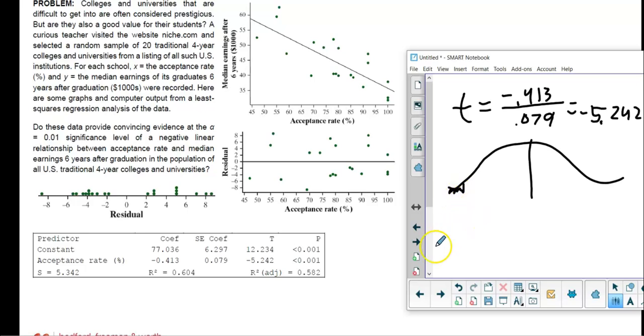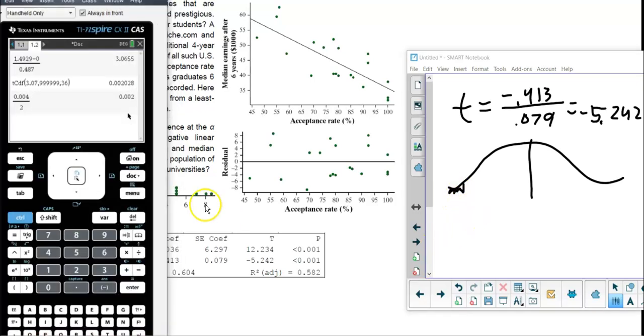So you'd go to your calculator, you do tcdf, negative infinity, comma, negative 5.242, comma, degrees of freedom is, I think 18, because there are 20 colleges. So wow, that number is very, very small.